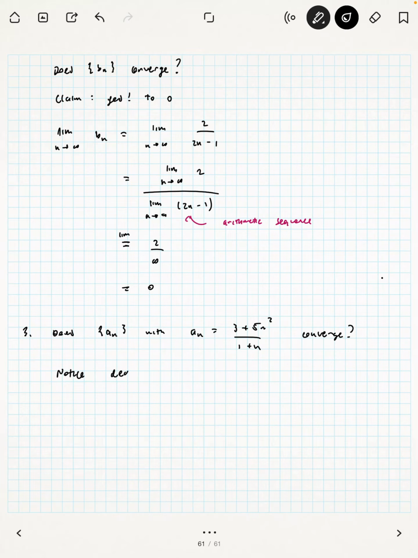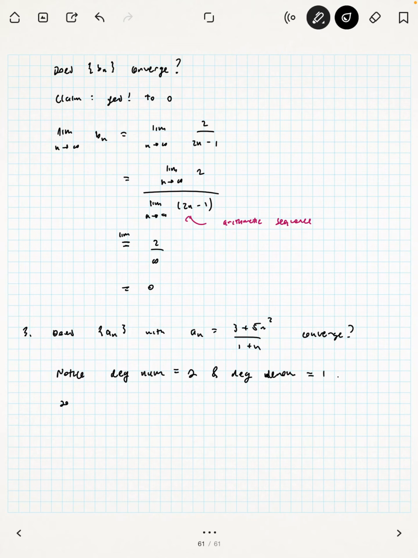Notice that the degree of the numerator as a polynomial in n is 2, and the degree of the denominator as a polynomial in n is 1. In other words, thinking about the behavior of rational functions and dominance, in a fraction of two functions, which one is going to dominate?